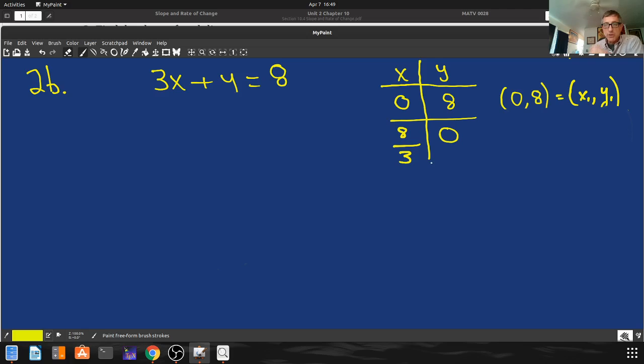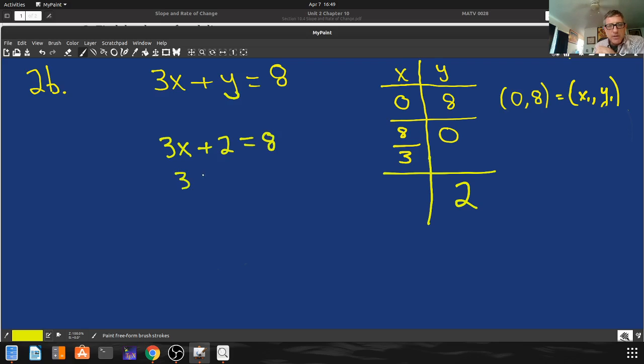Let's go ahead and choose another value. I'm going to choose my y value to be equal to 2. And you're going to see that makes things easier. Then I have 3x plus 2 is equal to 8.